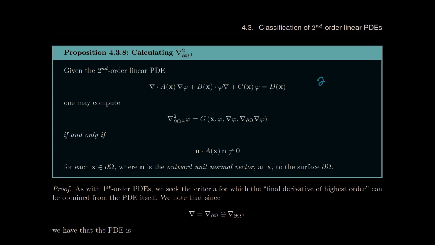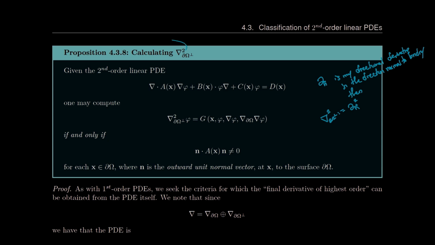So if partial n is my directional derivative in the direction normal to the boundary, then this one that I'm calling nabla partial omega perp squared is really defined as the directional derivative in the direction of the normal squared. So it's two derivatives in the direction of the normal.